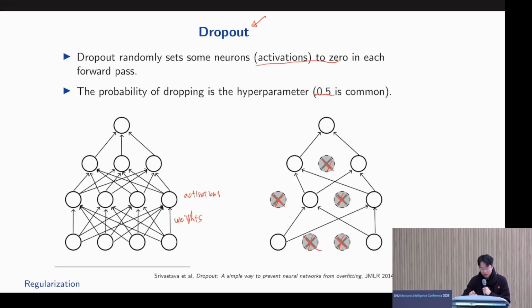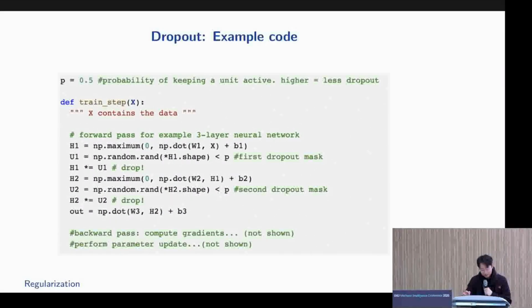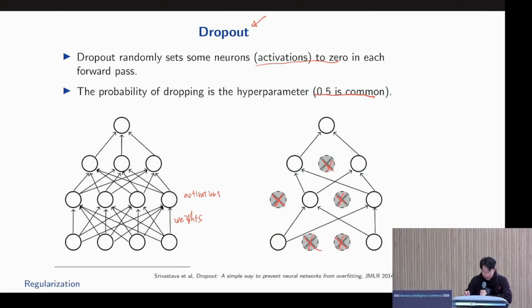And there's a hyperparameter on the probability of dropping an activation. So it sounds like an insane idea, right? You're doing gradient descent, and during the forward pass, you randomly set half of the activations to 0. Doesn't sound very sensible, right? But when this came out, it really improved the generalization performance of really, really deep CNNs.